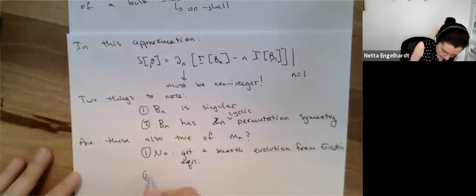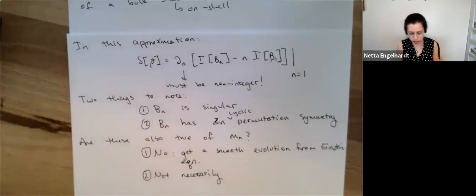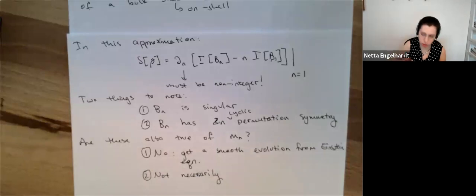Now, the second is not necessarily. This Zn cyclic symmetry is typically called replica symmetry. There's no obvious reason why the bulk actually has to also be replica symmetric. In principle, it's possible that the bulk would be breaking the replica symmetry. We are going to assume that it is replica symmetric, that the symmetry of the boundary is inherited by the bulk.